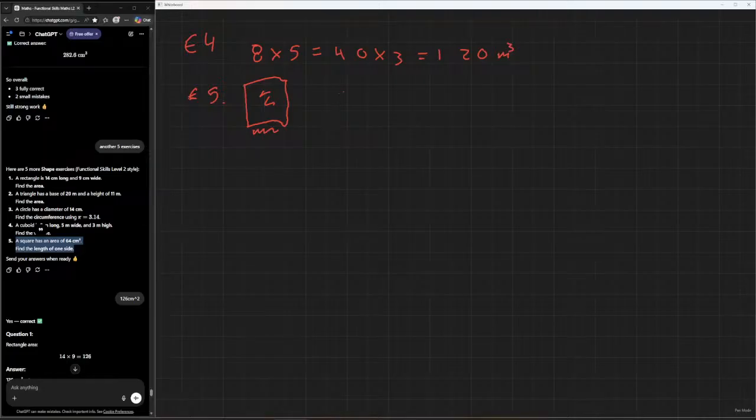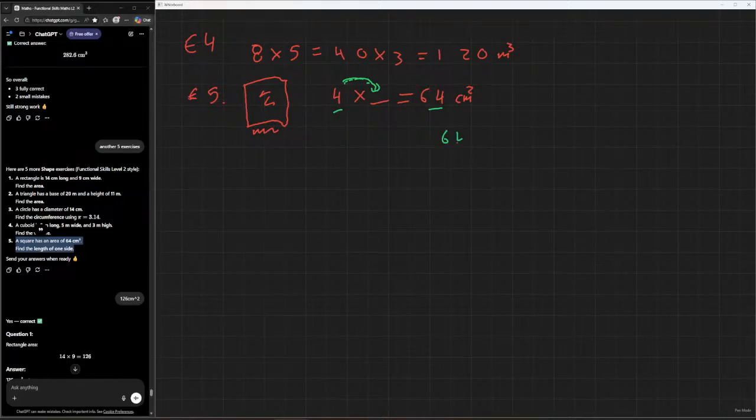So 4 sides are the same times something. We can put a letter which is right, but for understanding, I think it's easier. Then it's 64 centimeter squared, okay? So now, if I divide this number with this, it will give me this.